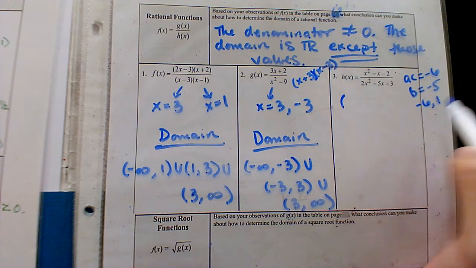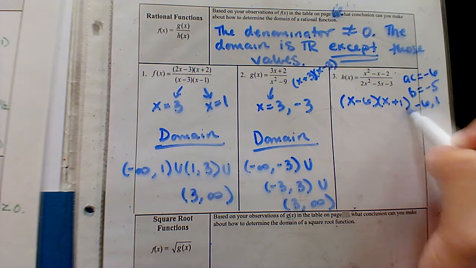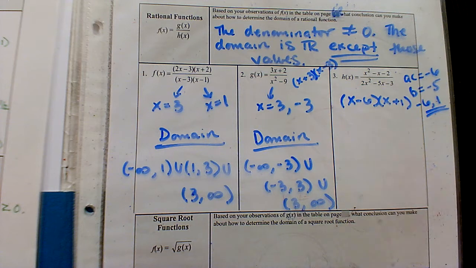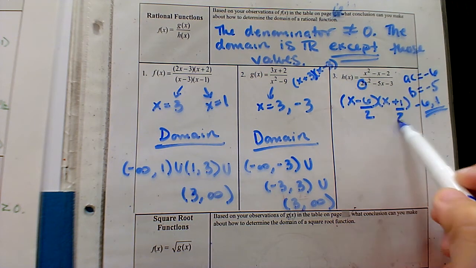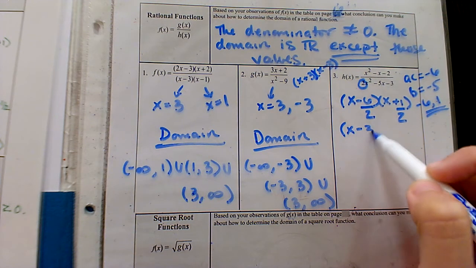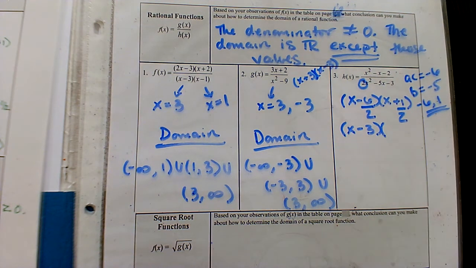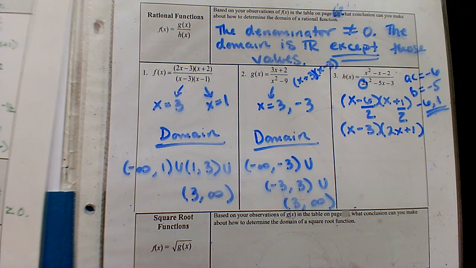Okay, so this would be x minus 6, x plus 1, those 2 numbers that we found, and then we're going to take that a value of 2 and divide those numbers. So we get x minus 3, since 6 over 2 simplifies, but 1 over 2 does not simplify, so we'll slide the 2 in front of the x as a coefficient.